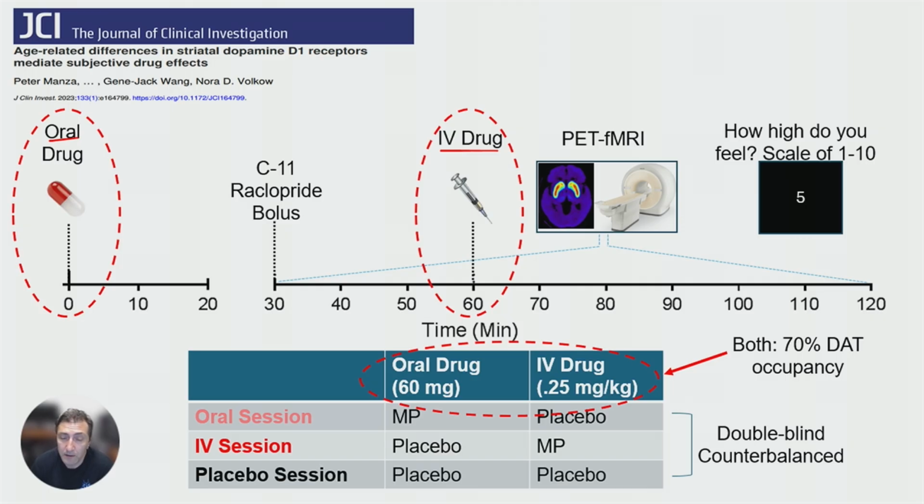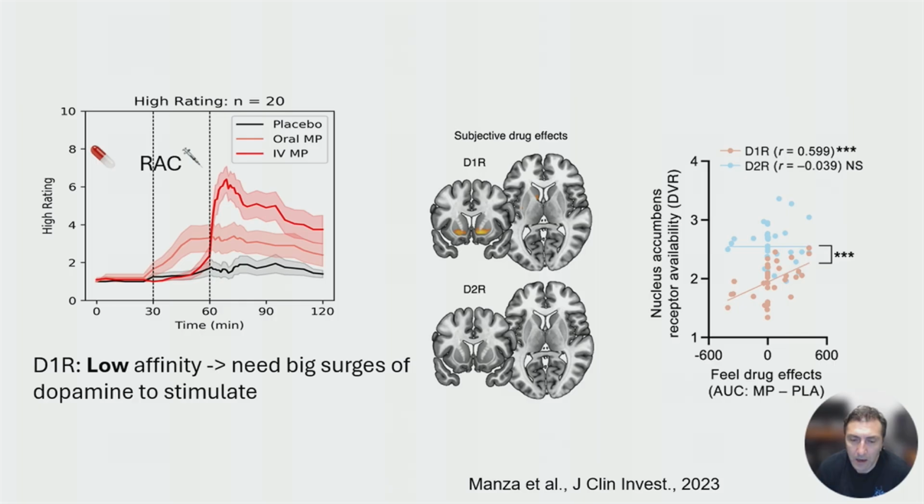Peter Manza, who conducted the study, hypothesized that when we ask people how high they feel, this feeling of high should be more pronounced for IV injection rather than oral drug.